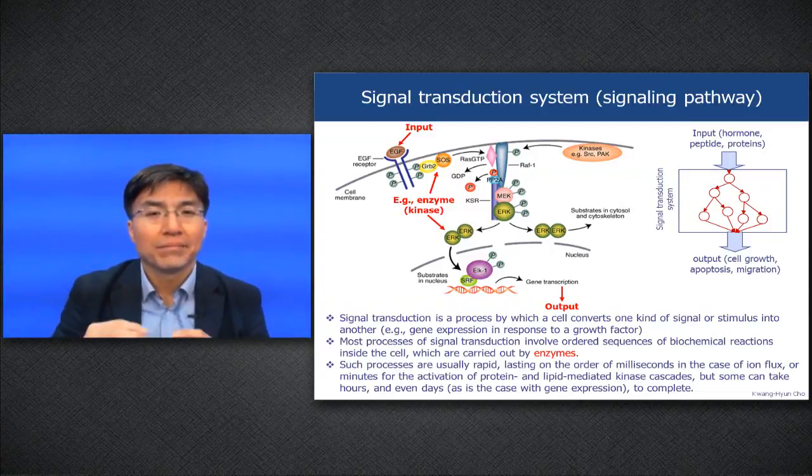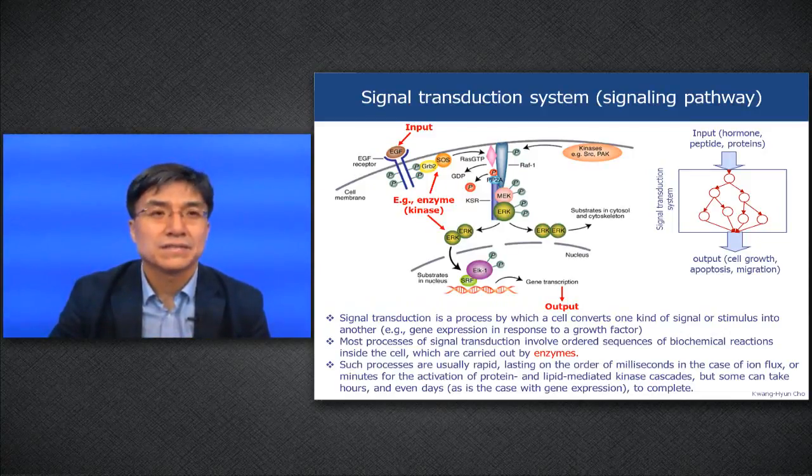The basic unit of life is a cell, and a cell has developed a signal transduction system to sense external changes or perturbations and transfer the information from the outside of the cell to the inside and to make a decision for cell fate determination.